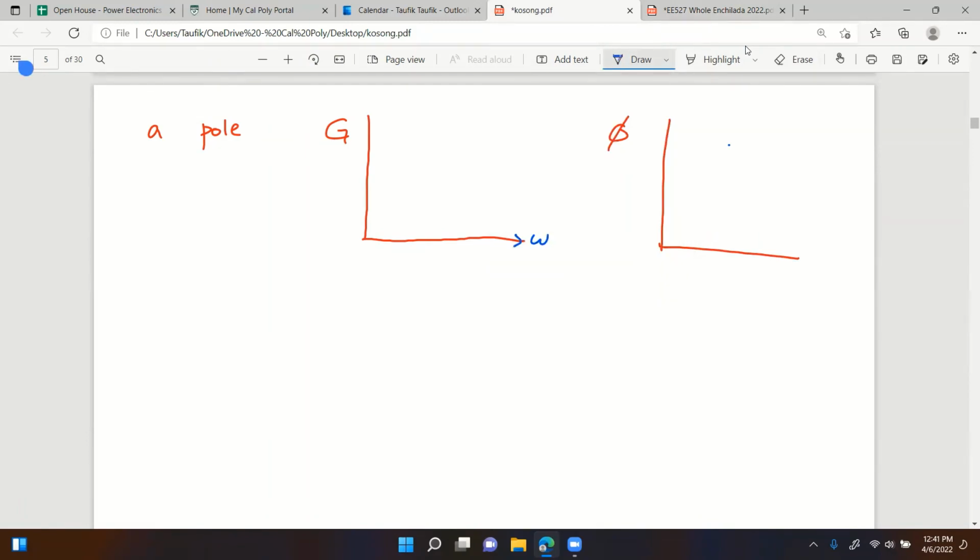This is of course frequency, and this is a degree angle. So at low frequencies, it's going to be 0 dB, right? And then when it hits the pole location, the pole frequency, let's say it's F naught, then it's going to go down, right? By what slope? Minus 20 dB per decade, right?